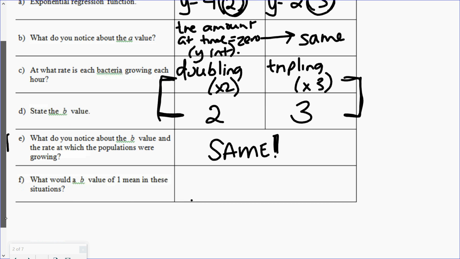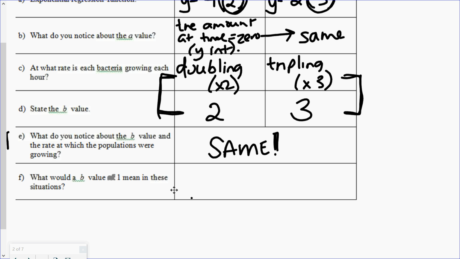So just trying to apply this idea to situation F. It says, what would a B value of 1 mean in these situations? If the B value was exactly 1, so if we had something like y equals 4 times 1 to the power of x, if you put that into your equation, what you would see is a linear graph. Yep, I guess it is a linear graph.